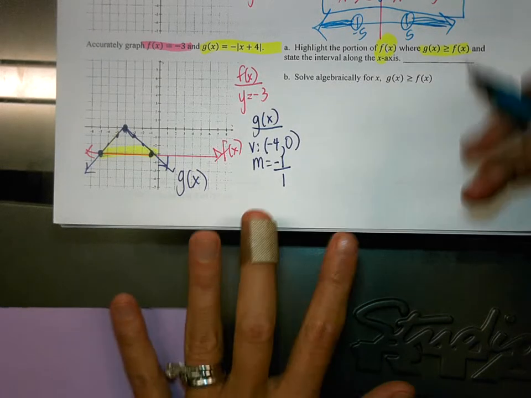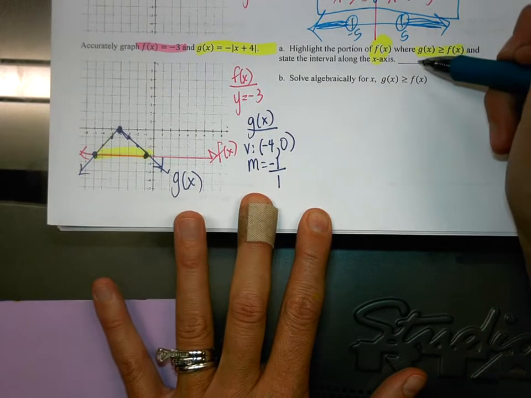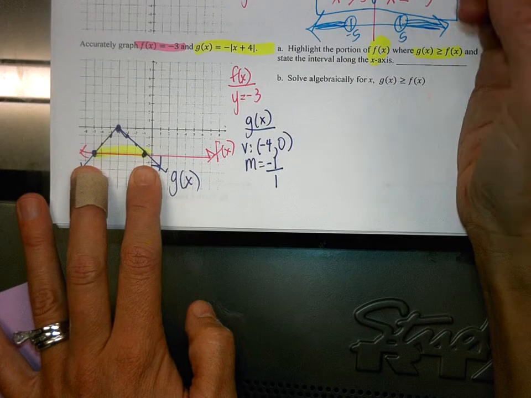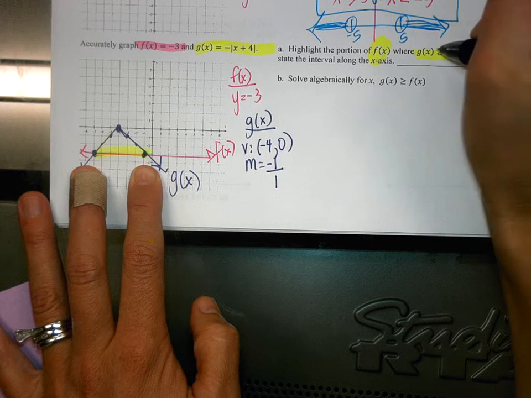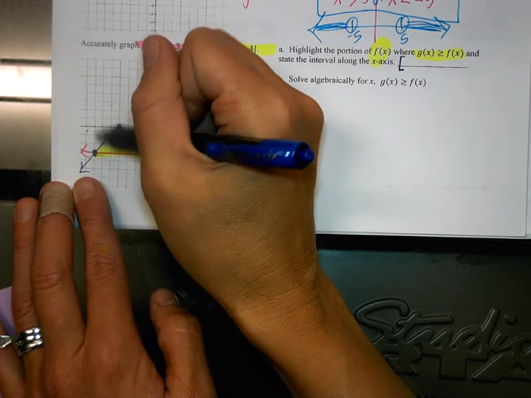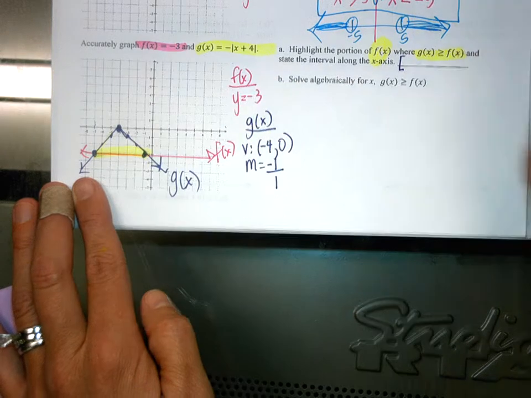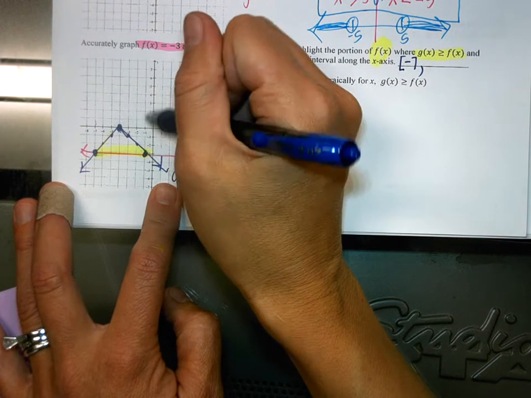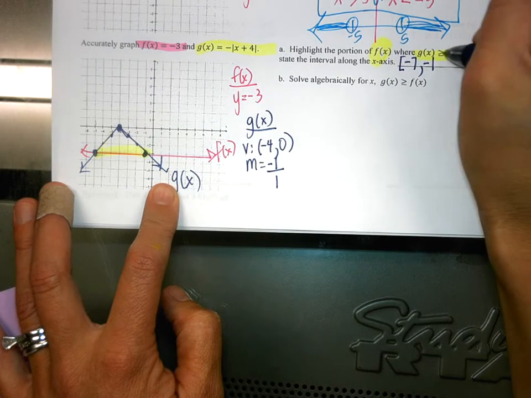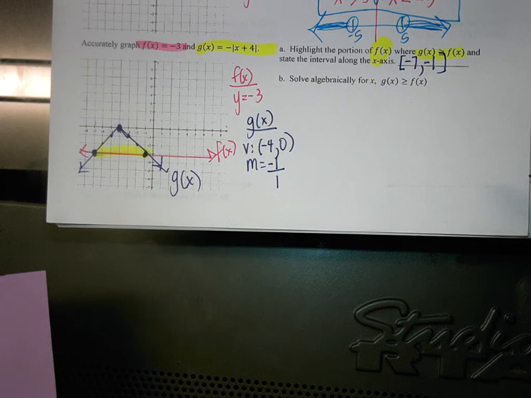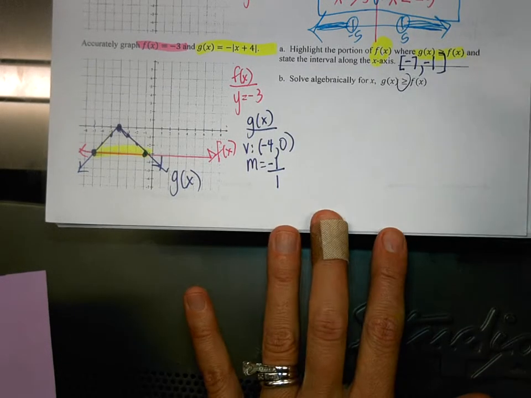How would I write that in interval notation? This highlighted portion, how do we write that? Bracket. What value is it here for the domain? -7 all the way to -1 and a bracket because of the equal to sign, the inequality equal to sign.